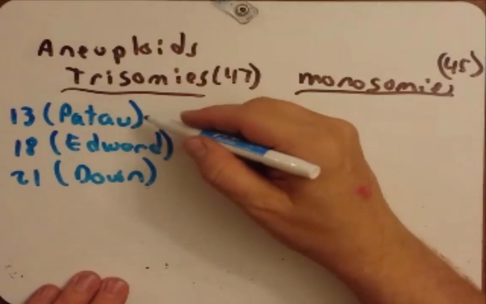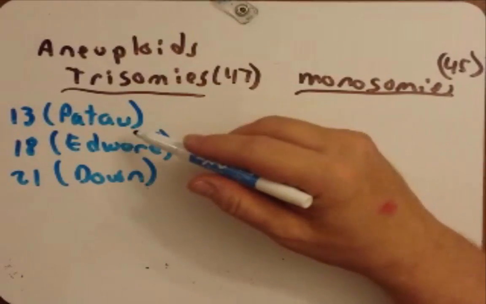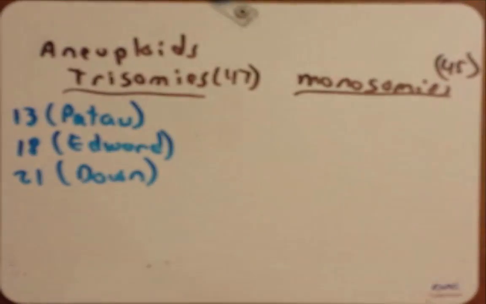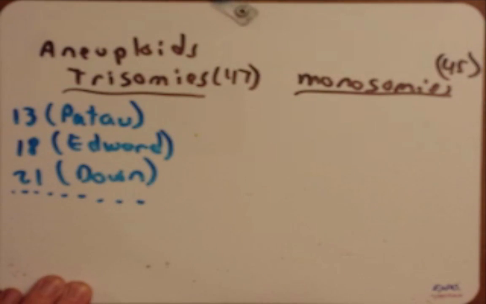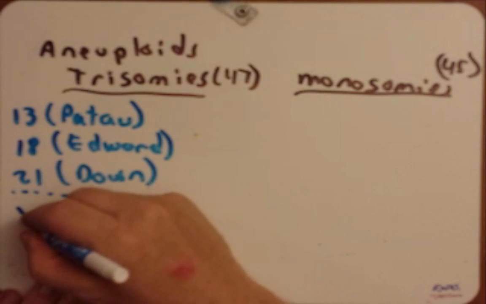I should mention that these individuals that have Patau syndrome, Edwards syndrome, or Down syndrome, if they survive to birth, they typically suffer from many anomalies, which is in sharp contrast to the sex chromosome trisomies.